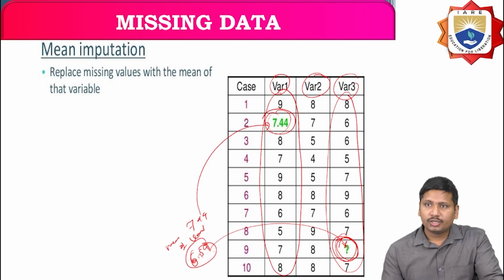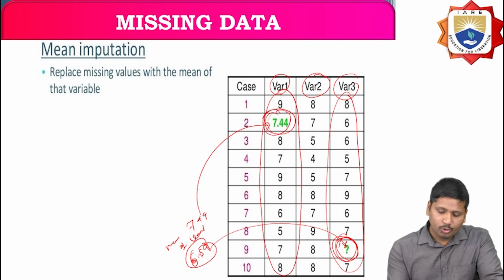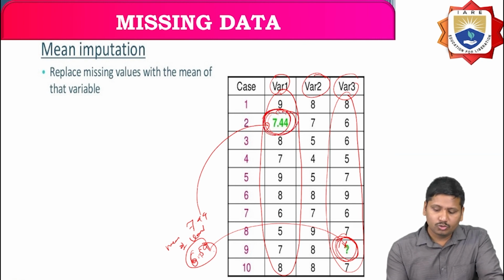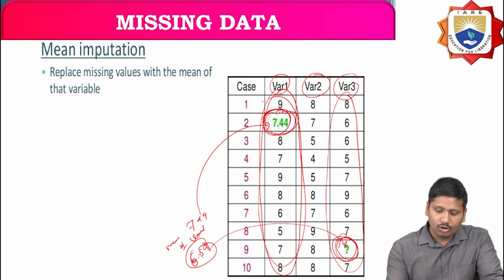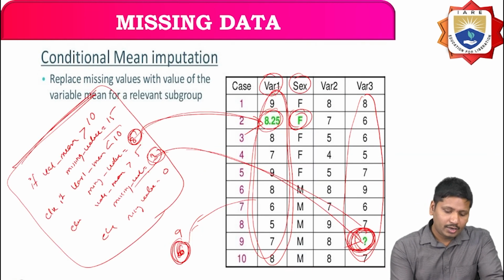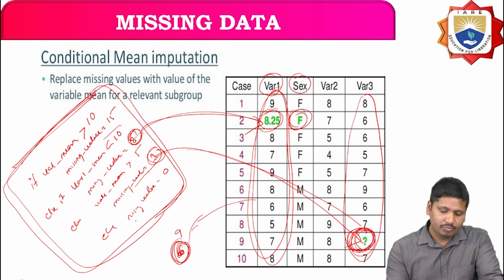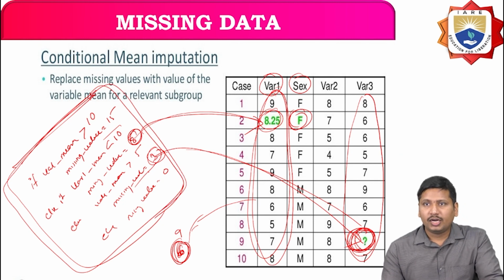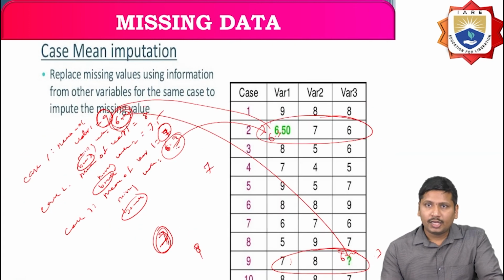And then mean imputation means if I get a missing value, that missing value is filled with the mean value of the variable. And conditional mean is where we write some conditions based on the mean computation, and based on that we fill the missing value with the conditional mean value. And case mean, right?